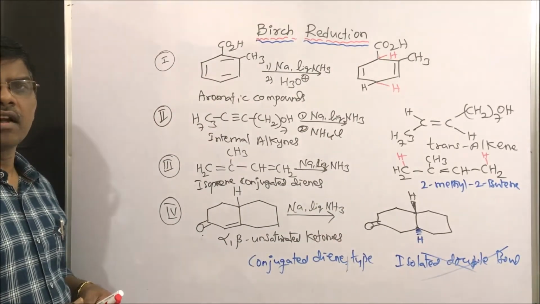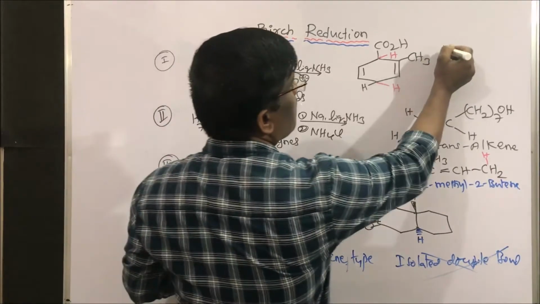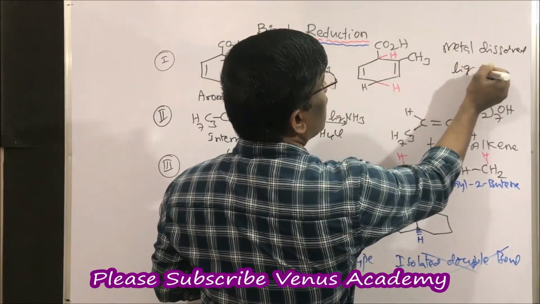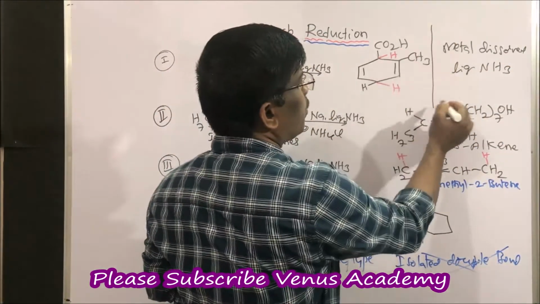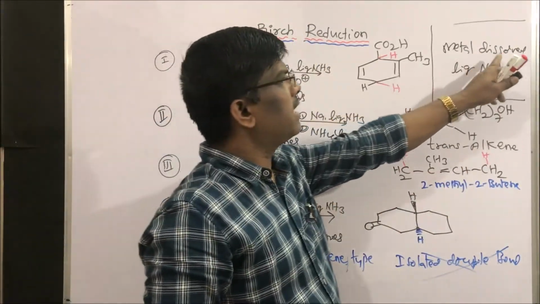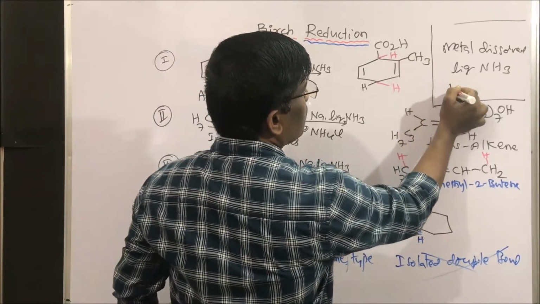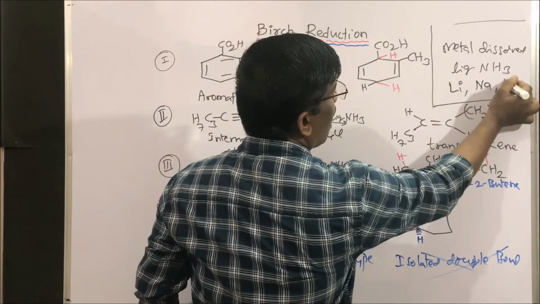Yes. So what are the common reagents? The reagent is a metal dissolved in liquid ammonia. So this is the standard protocol of the reagent. Birch reduction reagent is a metal dissolved in liquid ammonia. What is the metal? Metals can be lithium, sodium or potassium.